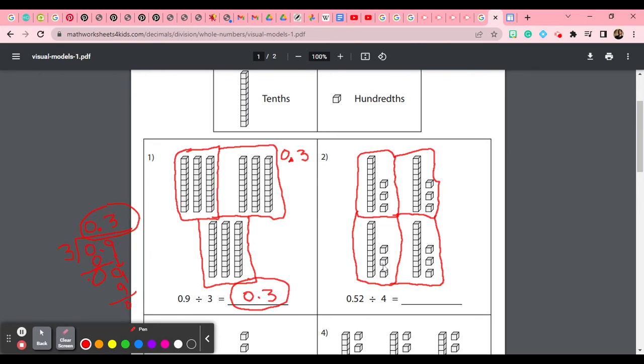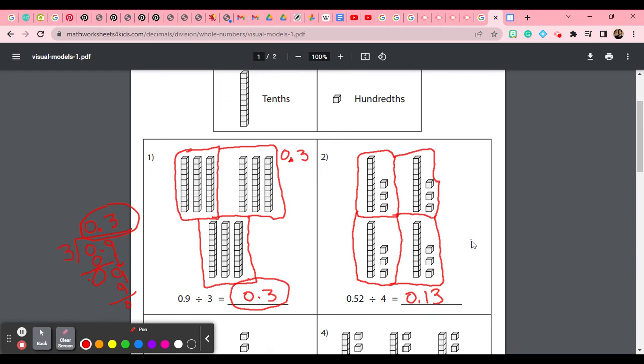So that's 13, but remember, these are hundredths, because we have a 10th and then 3 hundredths, so that would be 13 hundredths. So I'm going to write that in numeric format, 0.13, which is 13 hundredths.